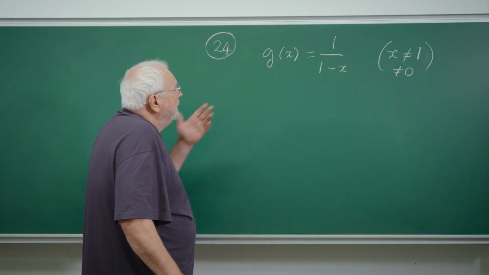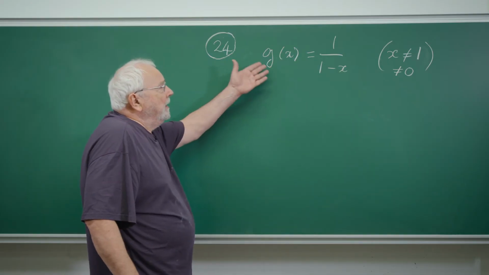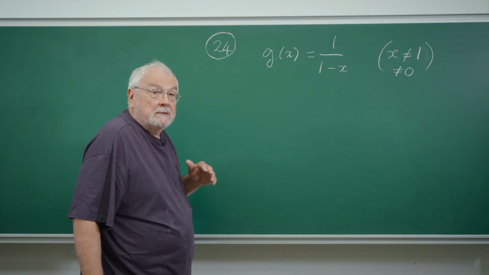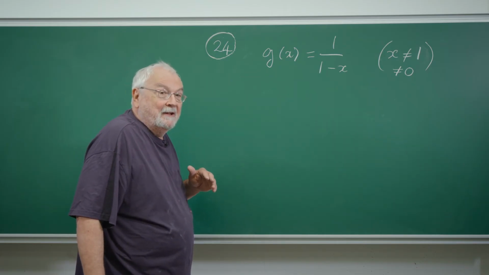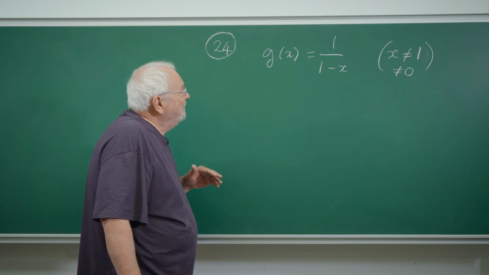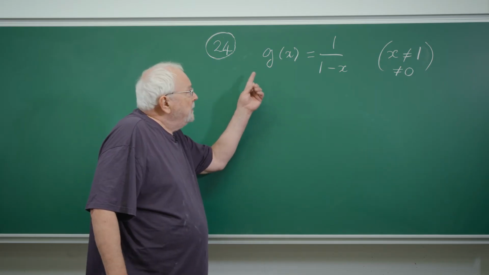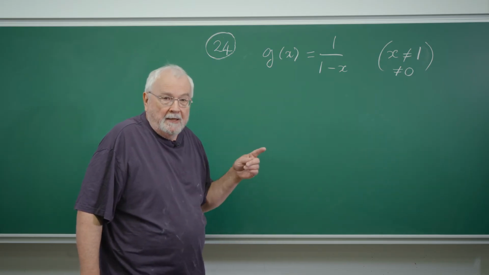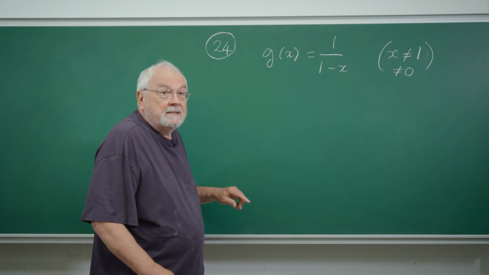Now, if you calculate g applied to x, you get something, and I invite you to do that. If you calculate g applied to g applied to g applied to x, something wonderful happens.